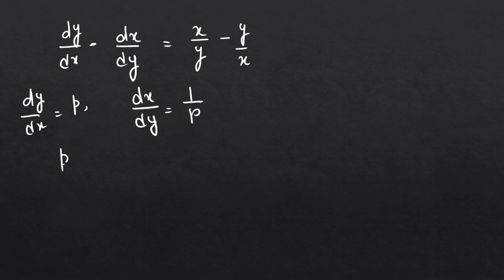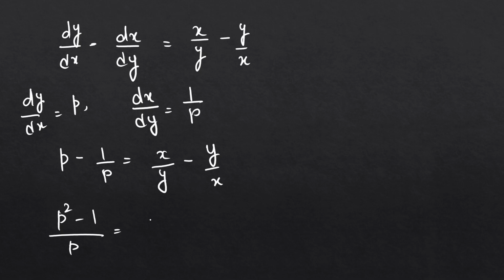So what we will get? p minus 1 by p equal to x by y minus y by x. If we take the LCM, it is (p square minus 1) divided by p, equal to (x square minus y square) divided by x y.